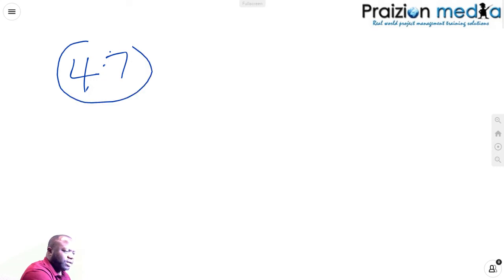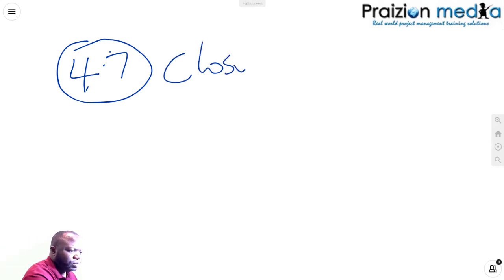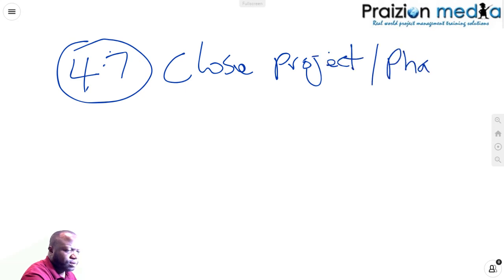So moving ahead to 4.7, because now there are 7 processes in integration as opposed to just 6. There are some new things, taking a look at close project or phase. Close project or phase definitely has some new stuff in it.